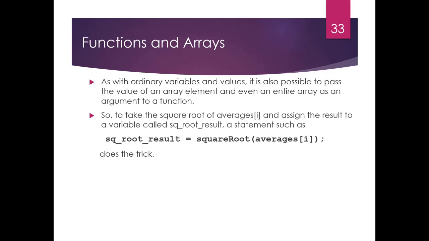Here, to take the square root of the averages, where averages is an array consisting of I number of elements, and assign the result to a variable called squareRootResult, the statement should be like this. squareRootResult is a variable, and it is equal to squareRoot, a function that takes an array as its parameter.